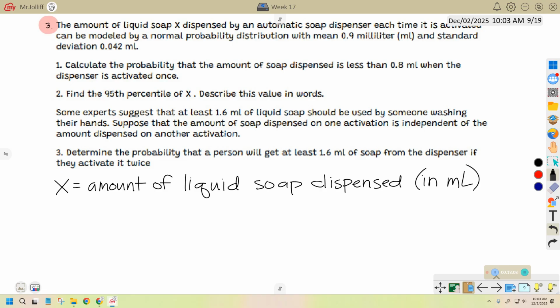So what does the distribution of X look like? What type of distribution? Normal. So X follows a normal distribution. The mean is equal to what? 0.9 ml. And the standard deviation is equal to 0.042. Good.